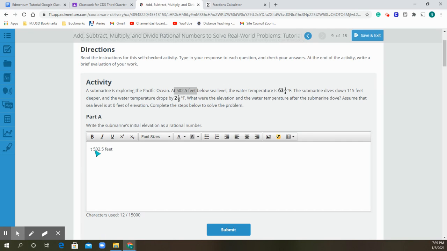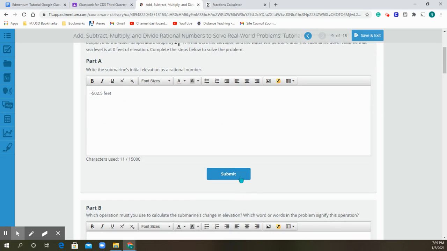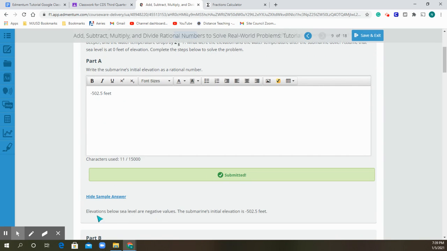Control V. All right. Now, the elevation is below sea level. So back on the number line from the previous, it would be below, going downward. So I need to put a negative sign there. The elevations below sea level are negative values. The submarine's initial elevation is negative 502.5 feet.